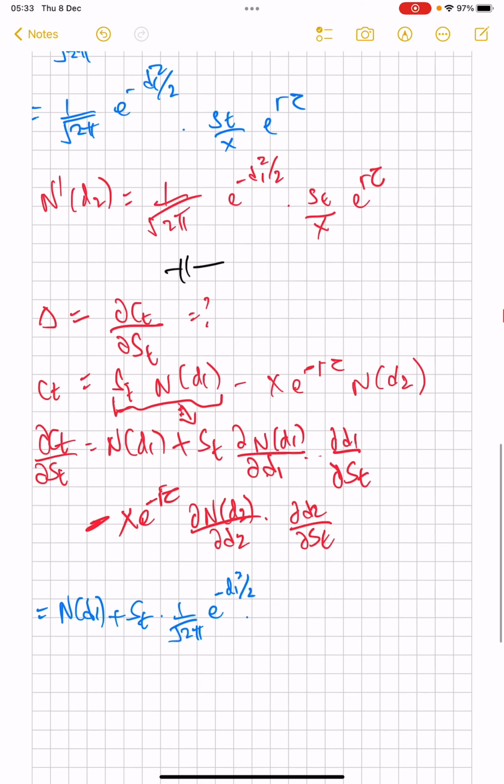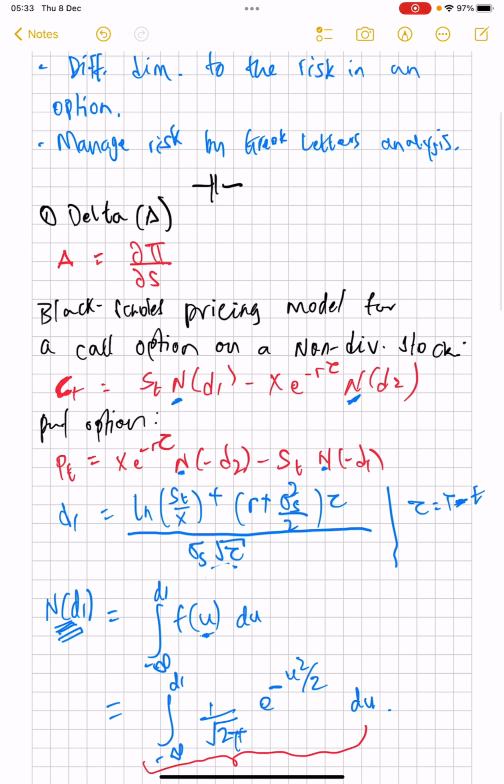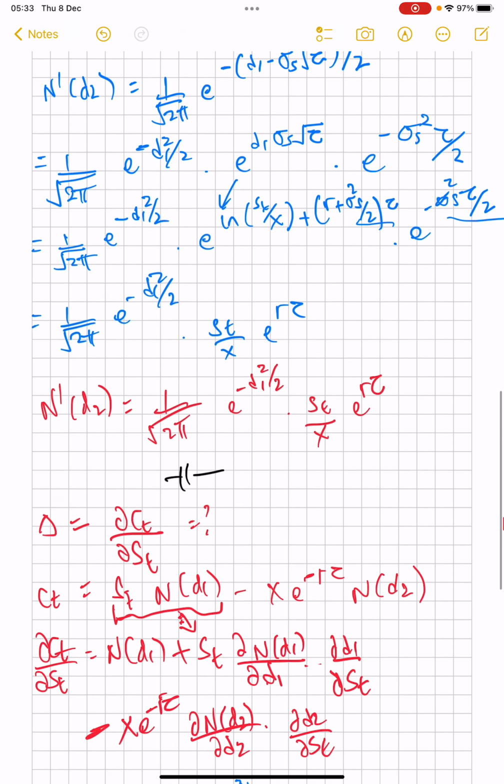Okay, where is d1? d1 is this, so I have to differentiate it with respect to St. This equation here. So what do I get?